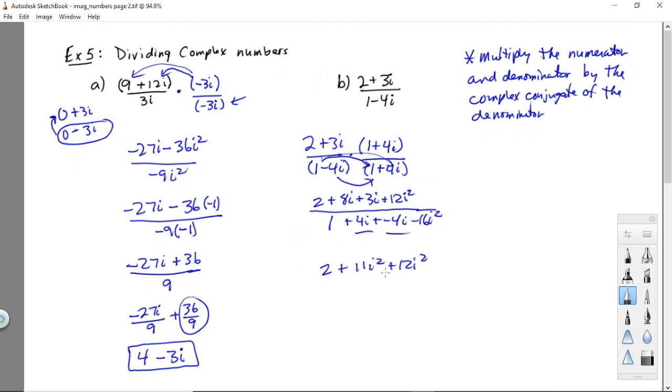Let's see what we can do with the bottom while we're at it. And let's also, in this step, go ahead and replace this plus 12i squared with negative 12. Why don't we do that? Because 12i squared is negative 12, right? i squared is negative 1. So that's just 12 times negative 1, which is negative 12.